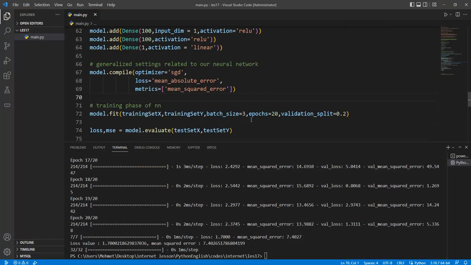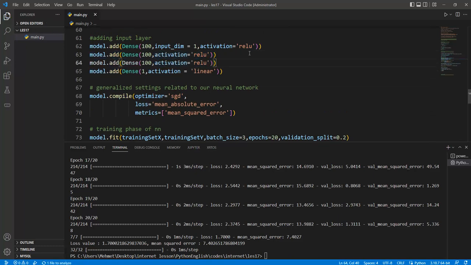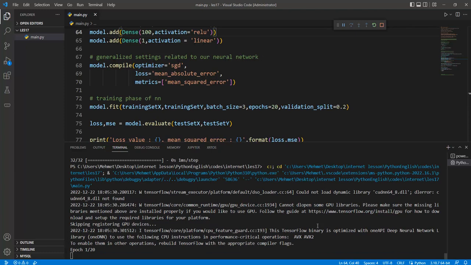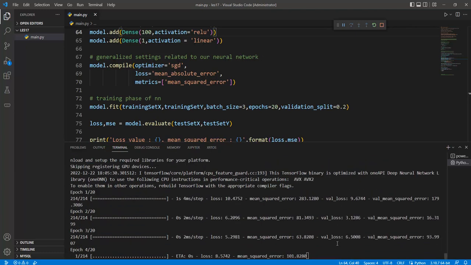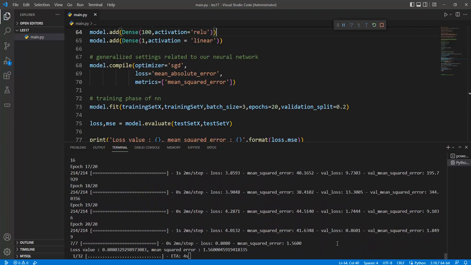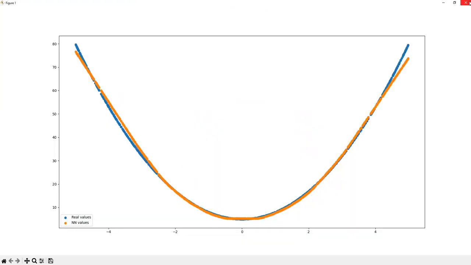But if I add another hidden layer like this one, the mean squared error is 13, and so this is a much higher result at this moment.